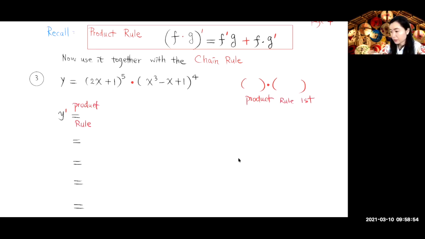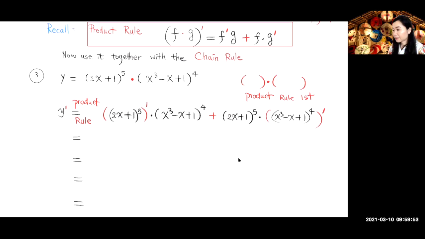So by the product rule, we're going to differentiate the first function, which is 2x plus 1 to the 5th power. We're going to differentiate that, and then multiply that with the second function, adding the first function times the derivative of the second function.